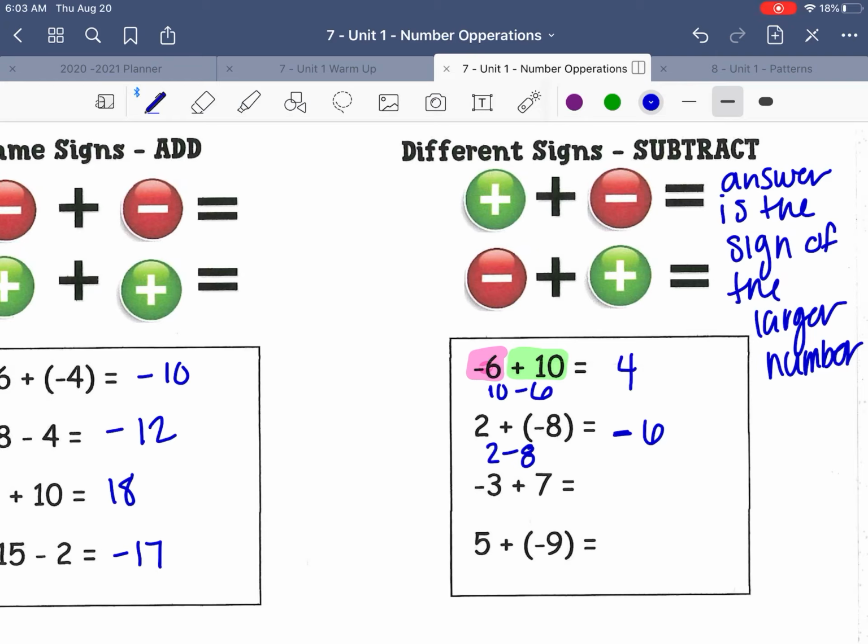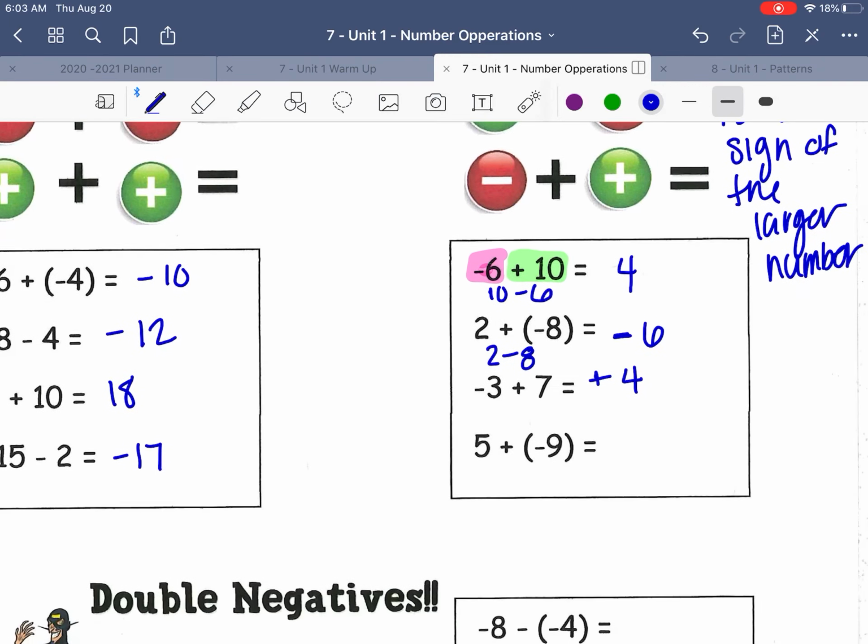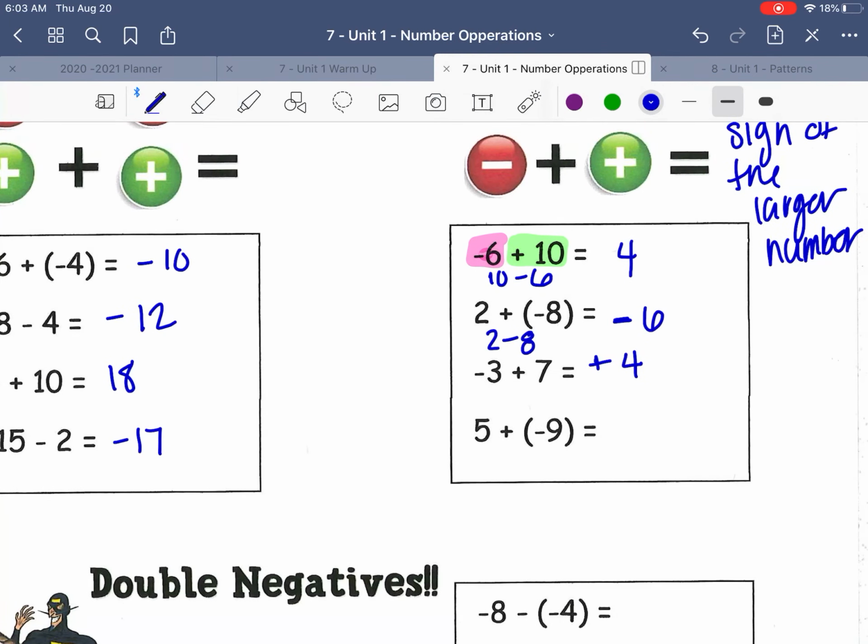Well, 7's the larger number, so our answer is going to be positive, and 7 minus 3 is 4. Then the last one, we have 5 plus -9. Again, 9 is the bigger number, so our answer is going to be negative because that 9 is negative. And then 9 minus 5 is 4.